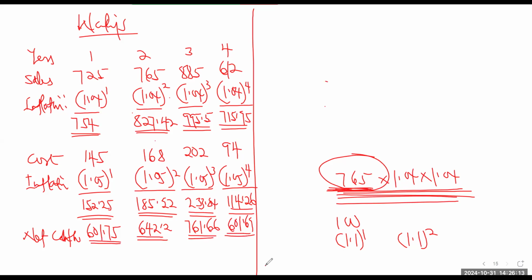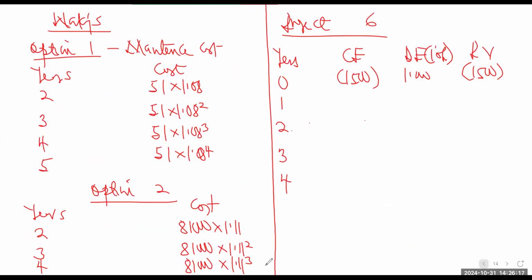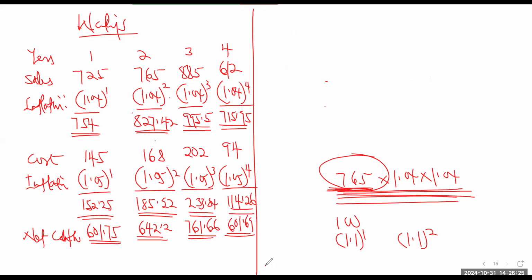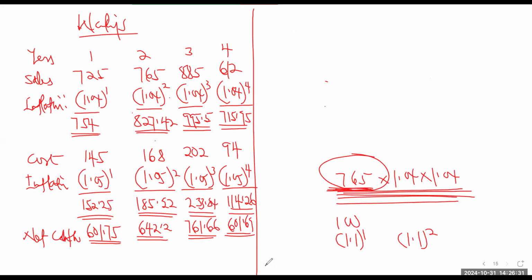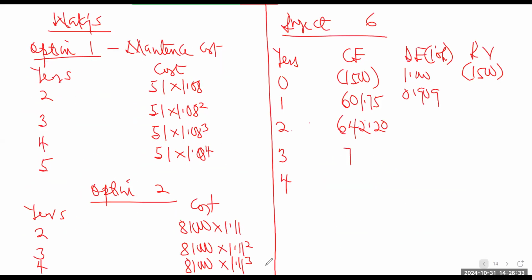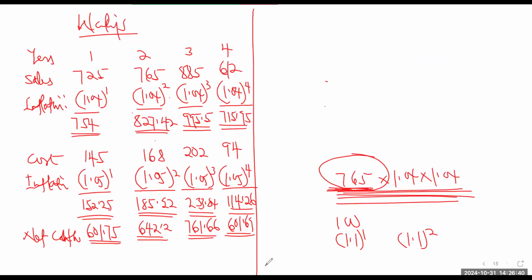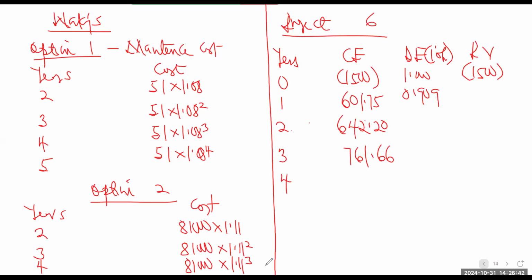So after doing these workings, you just bring those cash flows there. Year 1 will be 601.75, and the discount factor at 10% is 0.909. Then we have 642.20, and 716.66. And year 4, there's no residual value there, isn't it?